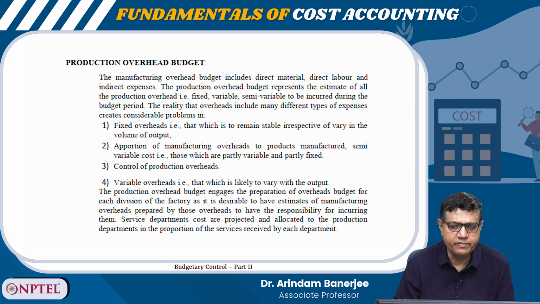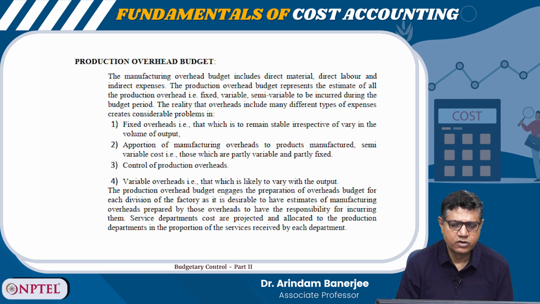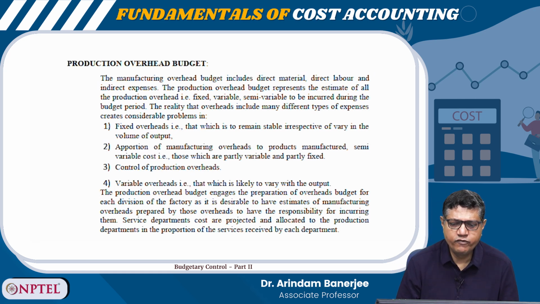And the variable overheads, of course, change over time. There is a third type, which is a mix of fixed and variable overhead. It is called the semi-variable overhead, right? That's also quite common.